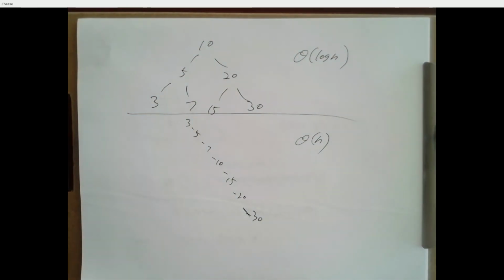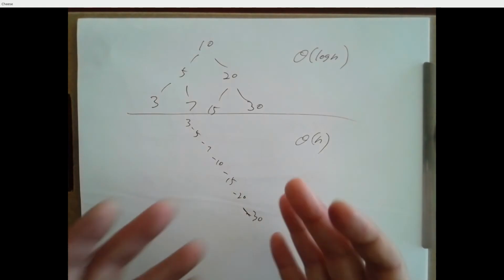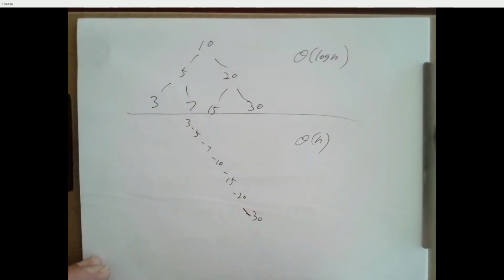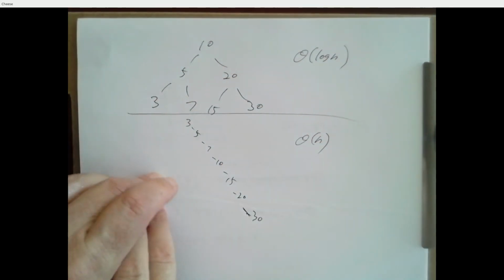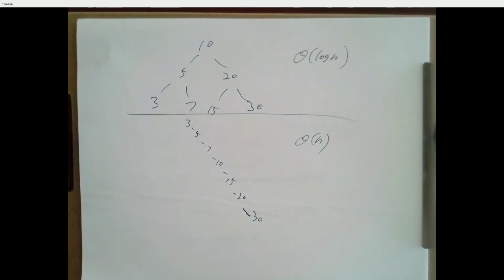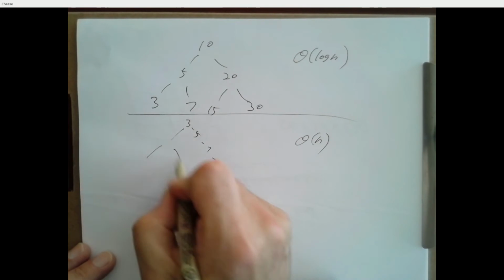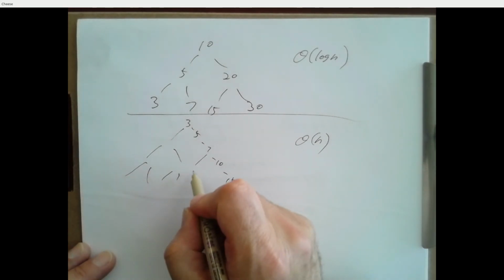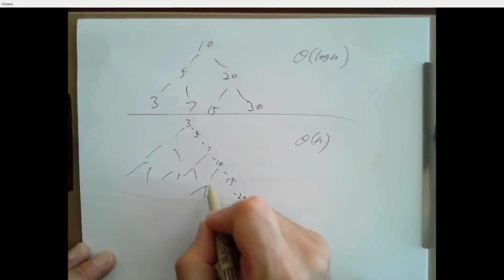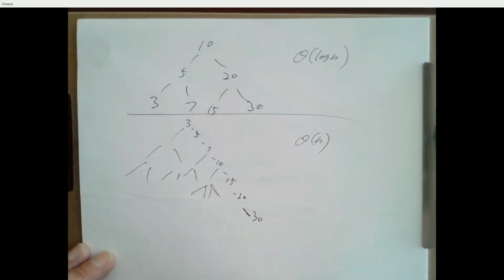And the reason why we've gone from log n to n is because it's just not very tree-like. It would look better if some of this stuff were over here on the left, and we've got all this potential space that we're not taking advantage of.